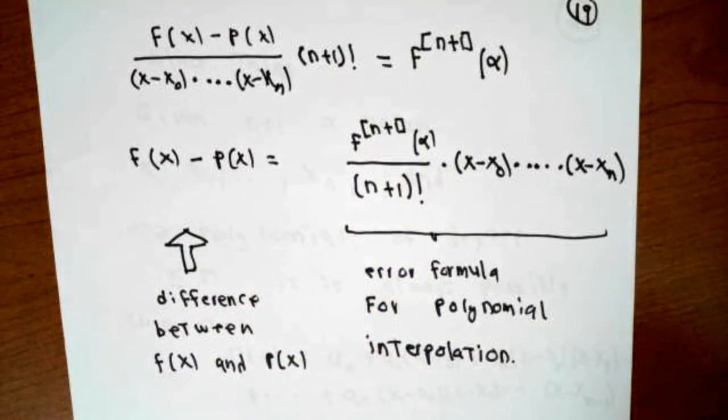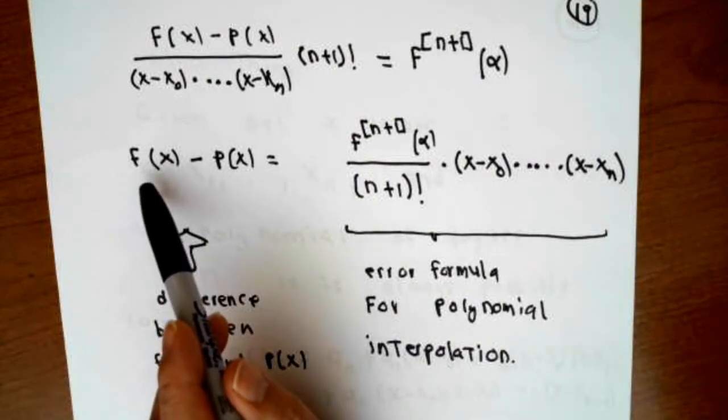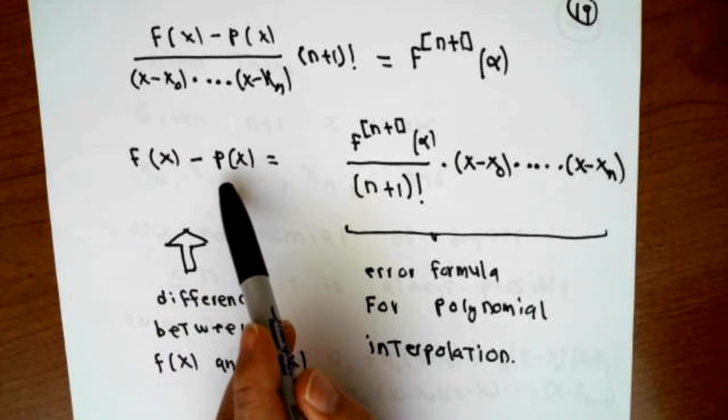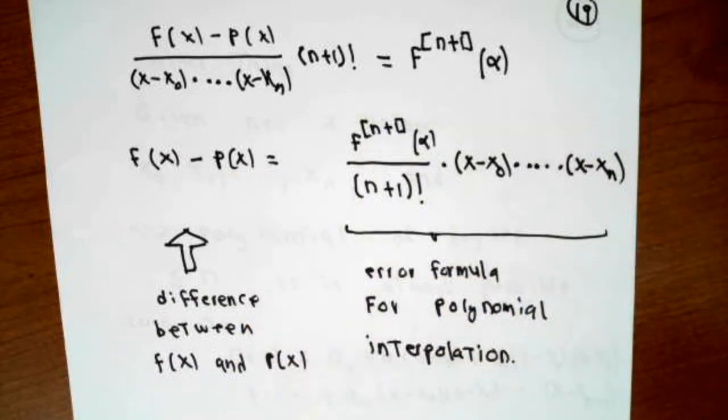Divide both sides by n plus 1 factorial, and we find out that the difference between the function value and the interpolating polynomial is what we claimed it was going to be. So as I said before, this will be very useful for us when we're doing numerical integration and differential equation methods.